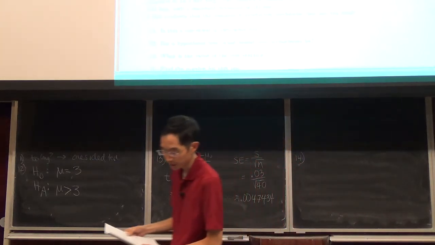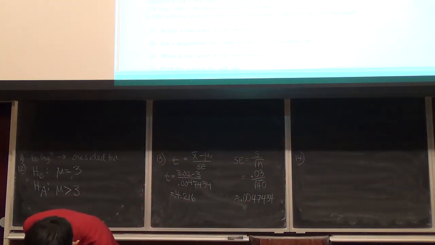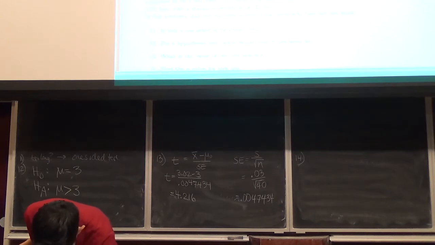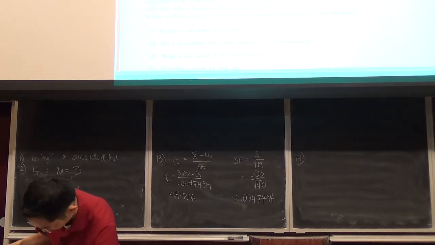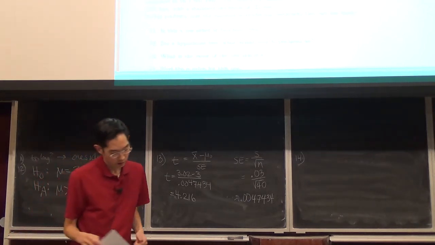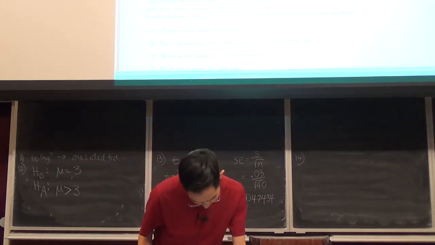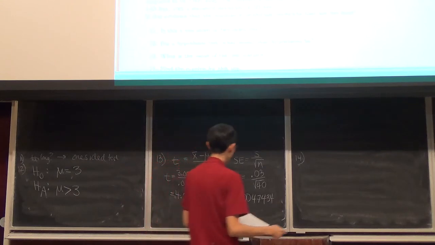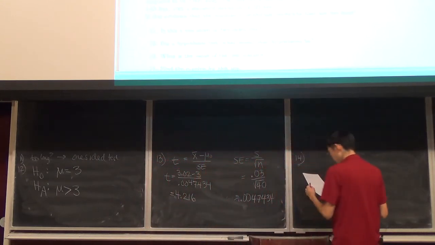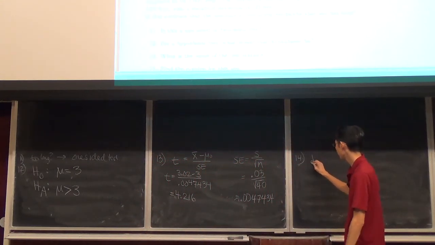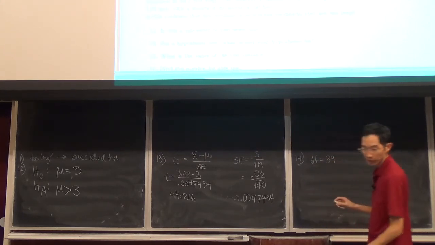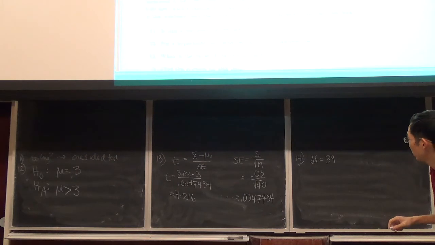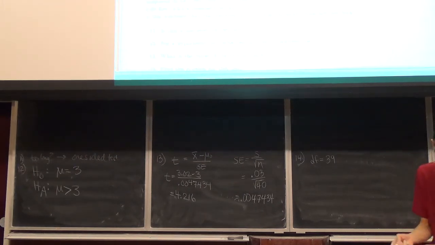Number 14. Find the p-value for this test. Well, how many degrees of freedom do we have? We do 40 minus 1, so we get 39 degrees of freedom.